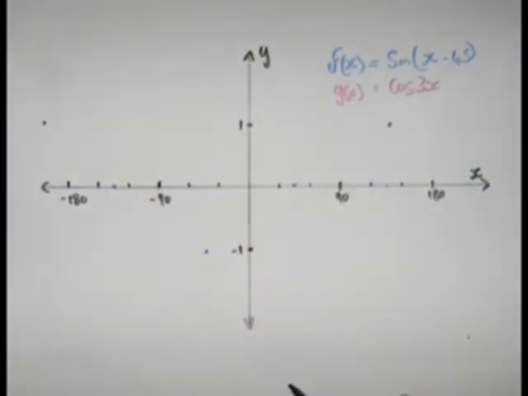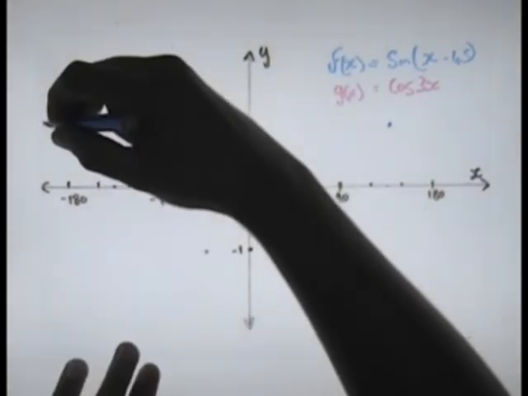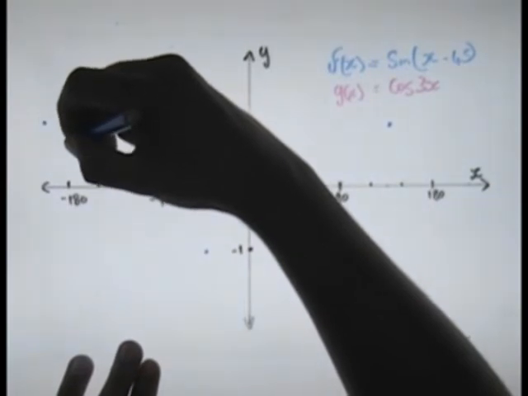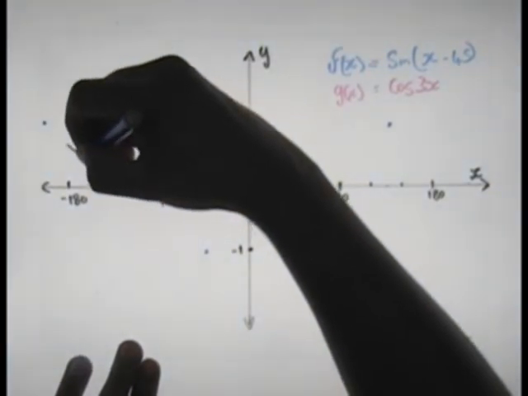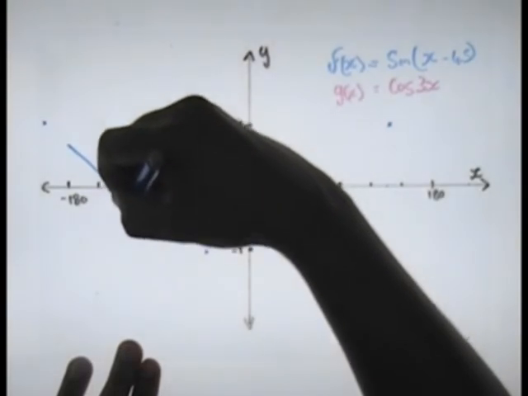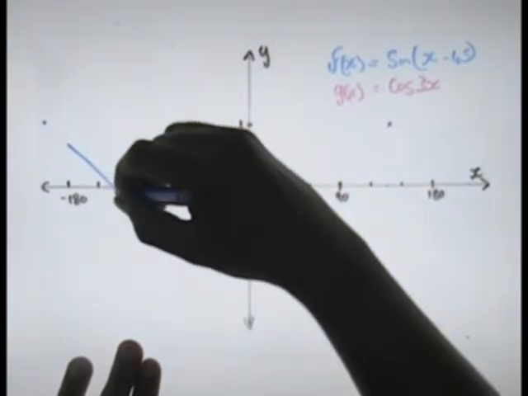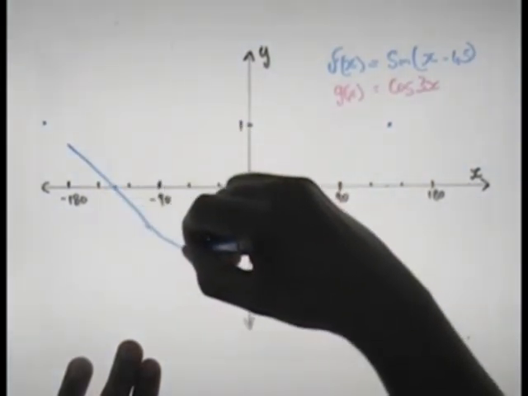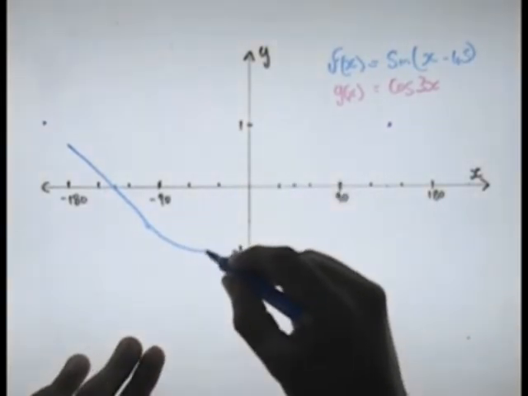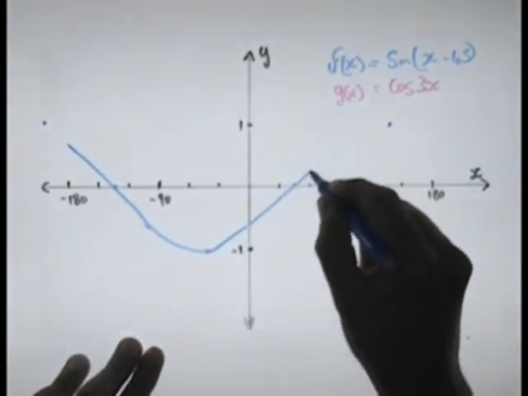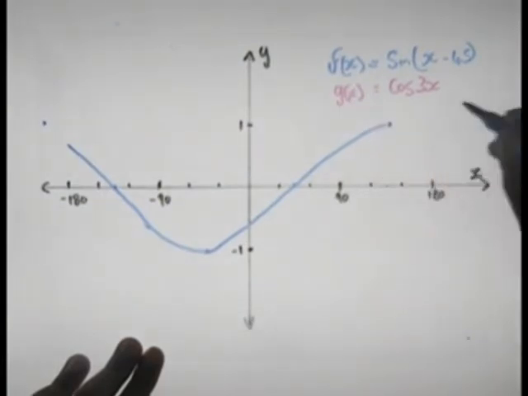That means that this graph is going to look like that, but we're only starting at the 180 degree mark. Whoops. That's going to go down till there. It's going to be at its lowest point there. It's then going to increase all the way up till there.